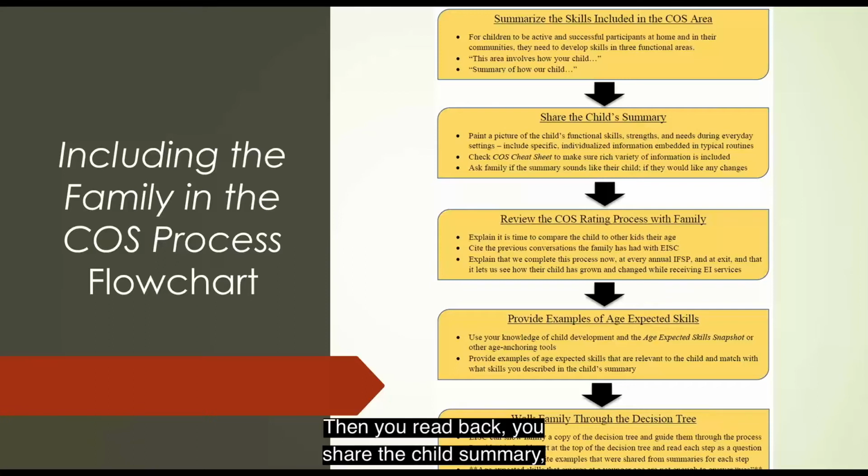Then you read back, you share the child's summary that you wrote to the family. Then we review the COS rating process with the family. The service coordinator is already going to have touched on it some, but you'll review it again there. Then you will provide examples of age expected skills to the family, and then we walk through the decision tree.